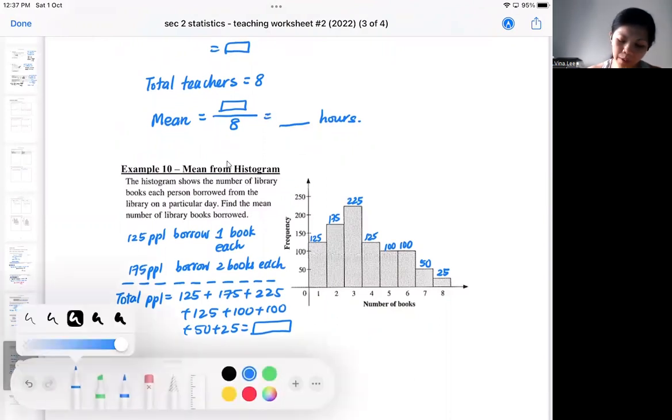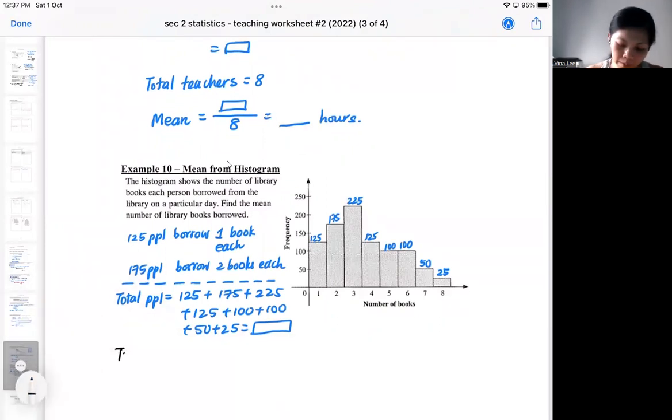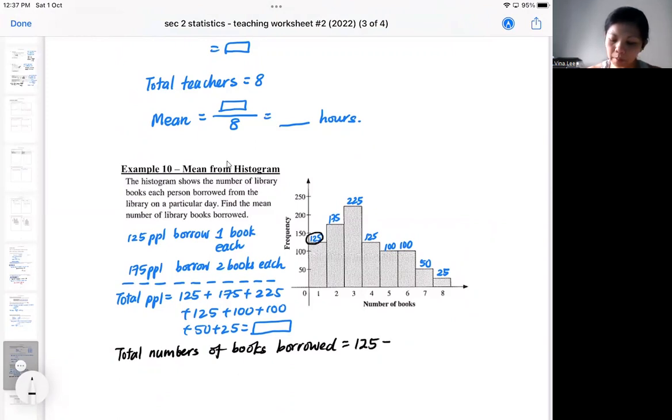How many books are being borrowed? What is the total number of books borrowed by this number of people? So again, you go for the interpretation. So 125 borrowed 1 each. 175 borrowed 2 each. 225 borrowed 3 each.